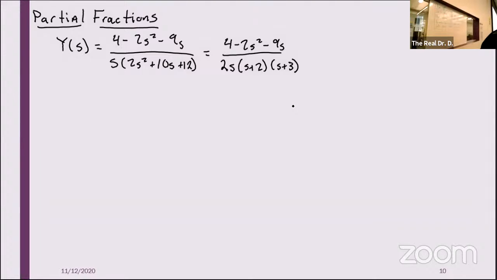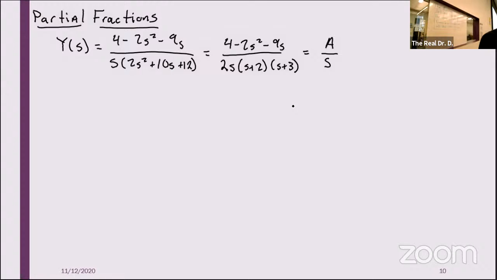Okay. So by partial fractions, we can split this into these three different root responses, because remember, in a linear system, we have superposition. If we were doing the differential equations, we would look at all these roots and add up the responses due to these roots.